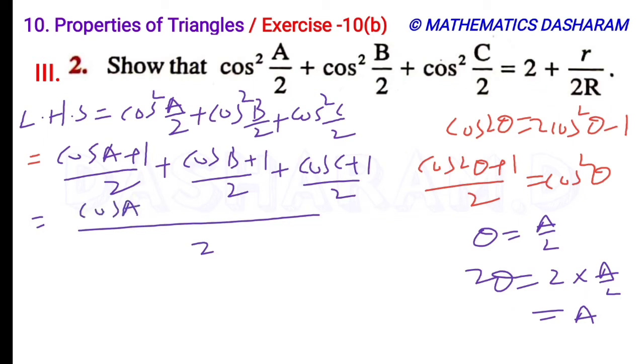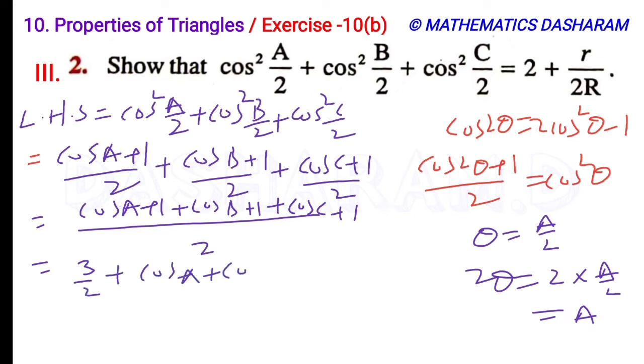So cos A plus 1 plus cos B plus 1 plus cos C plus 1. 1 plus 1 plus 1 is 3 by 2 plus cos A plus cos B plus cos C and 1 by 2 right here.